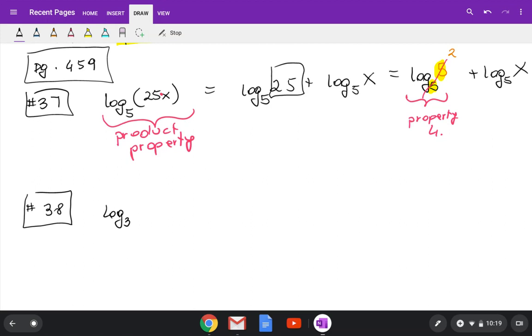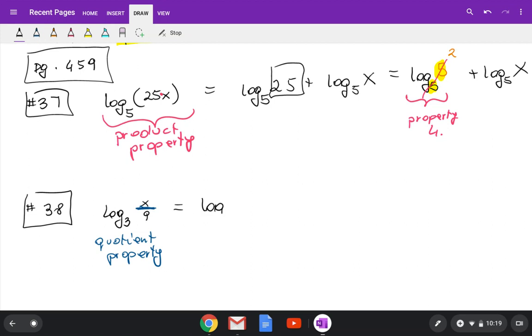You have log base 3 of x over 9 and we need to expand it. So what I see here, I see the quotient, so I already know I will need to apply the quotient property. Logarithm of quotient, it's equal to a difference of logs.